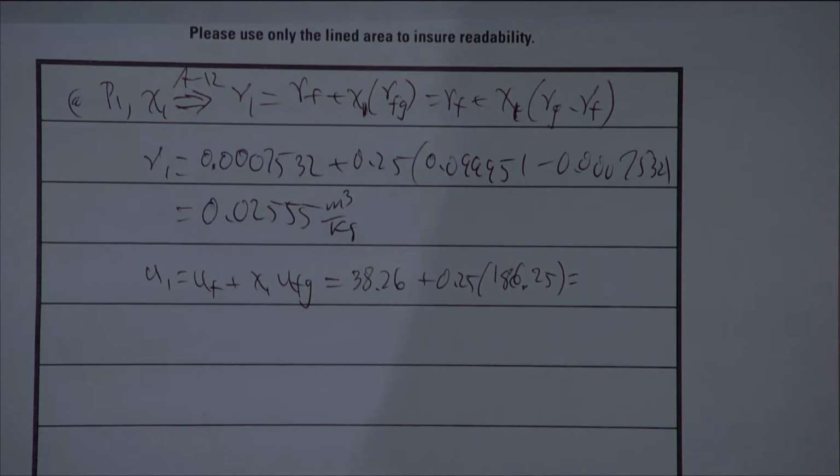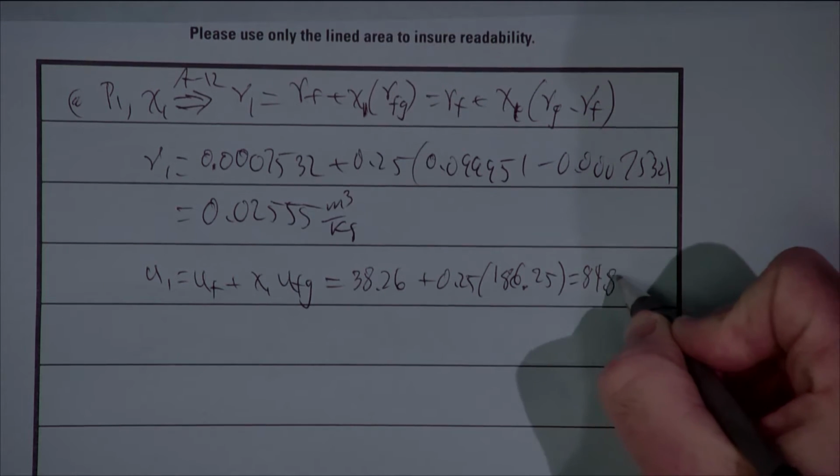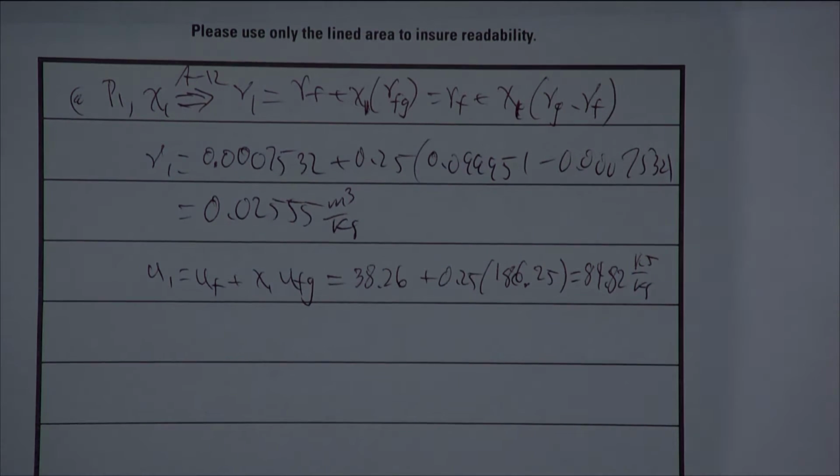Again, the units are all kilojoules per kilogram. We go through a little math, and we get 84.82 kilojoules per kilogram.